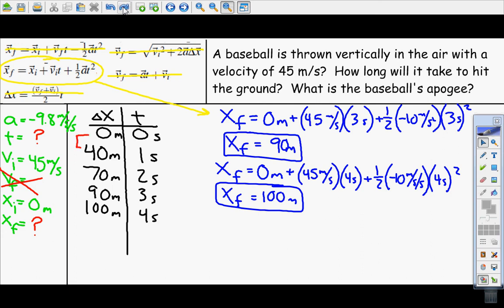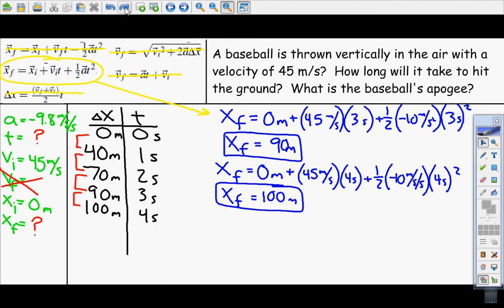So check it out. Between the first second, it went 40 meters. In the second, it only went 30 meters, from 40 to 70. Between 2 and 3 seconds, it only went 20 meters further. And then between 3 and 4 seconds, it only went 10 meters further.